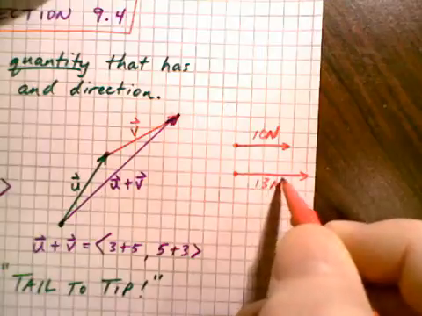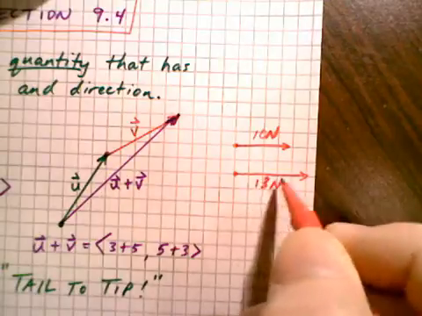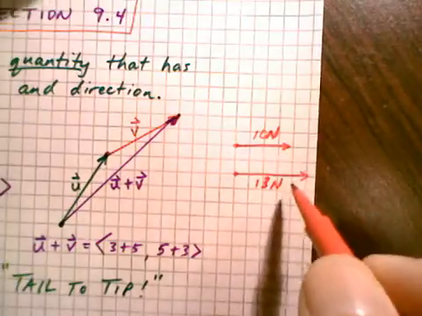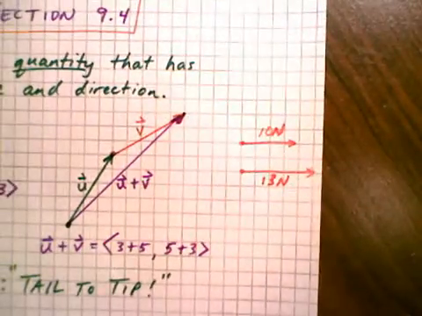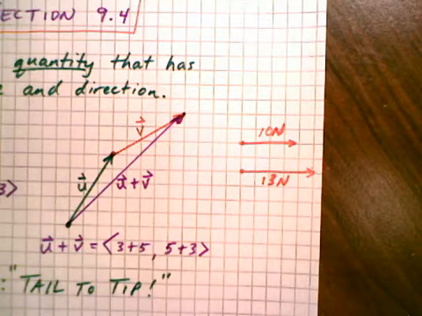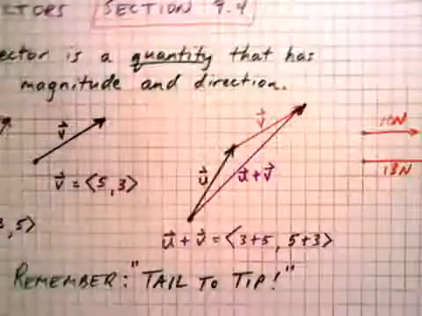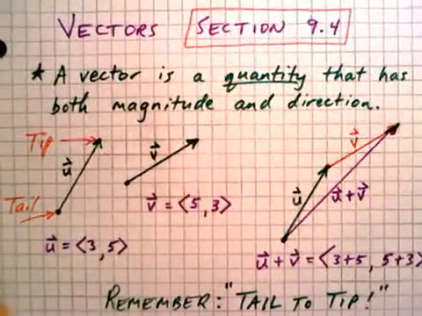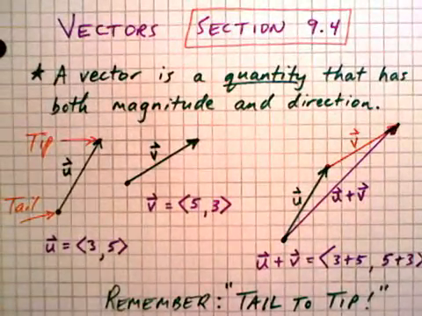So we would use a vector that is longer than the vector here to represent a stronger force being applied in the same direction. So we can use vectors to describe the force that's being applied, or the speed at which something is traveling, and whatnot.